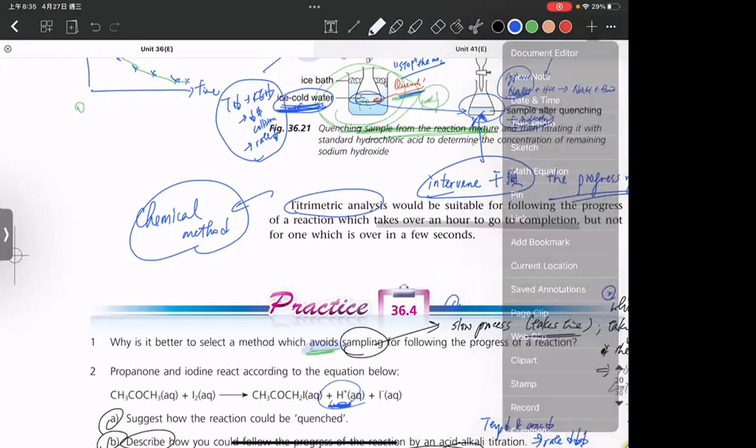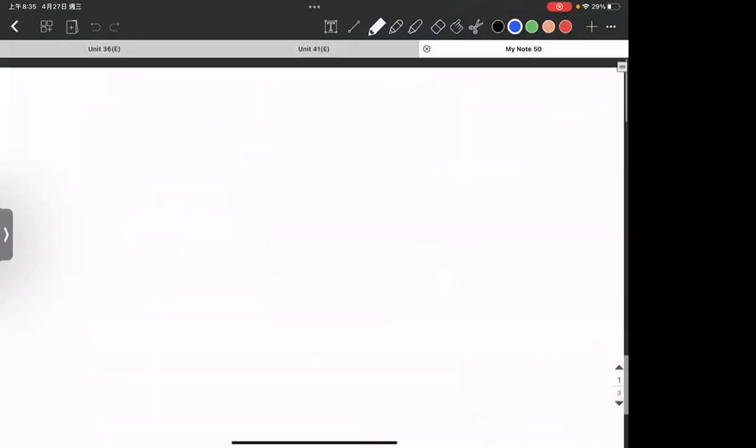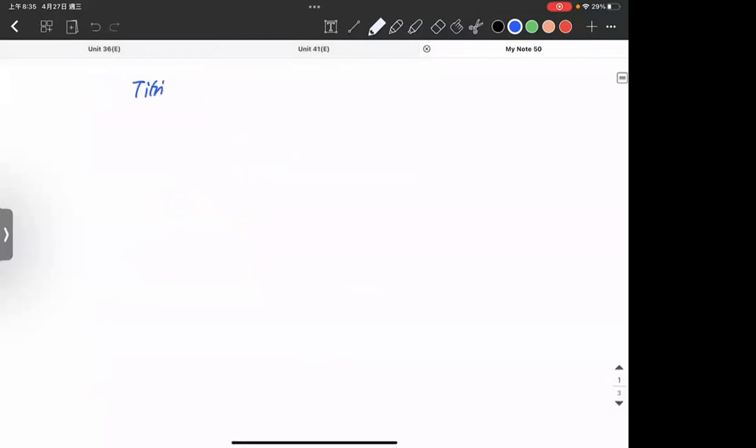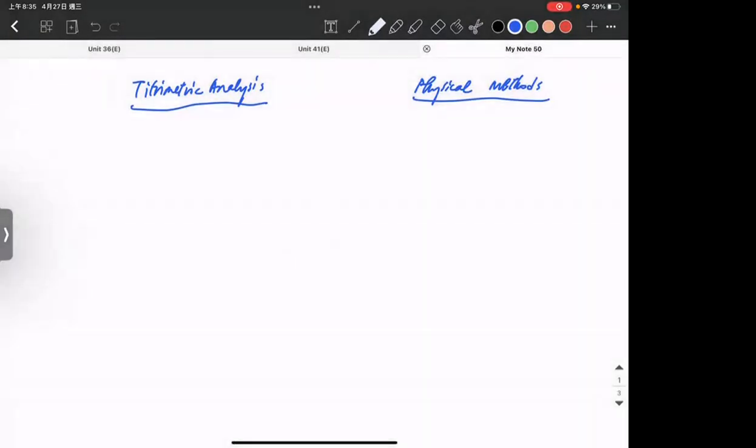I repeat, you are going to have a comparison. What are those physical methods? Just like the change in volume of gas formed or consumed, the change in mass of the solution mixture, the change in pressure, etc.